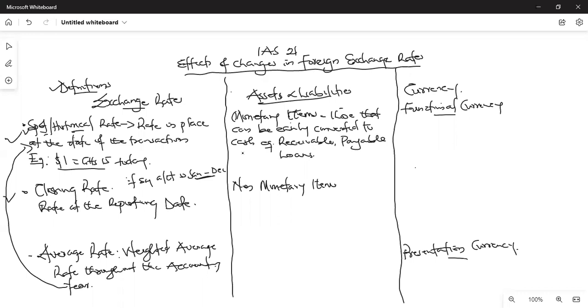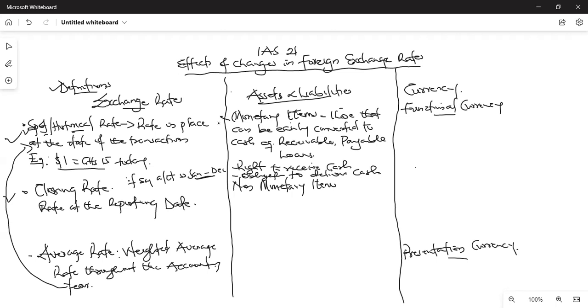Then, in a sense, we are saying that it also gives the right to receive or deliver cash. So it also gives right to receive cash and obligation to deliver cash. All right, so these are the monetary items.